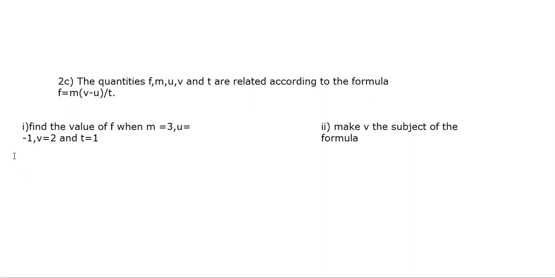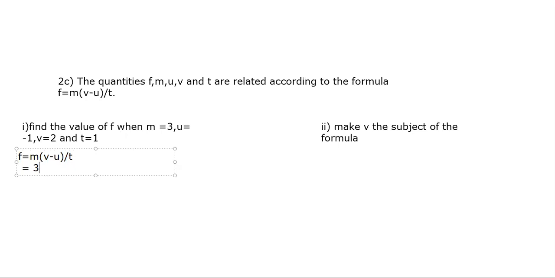So first thing, let us write the formula. F equals M open bracket V minus U close bracket, everything divided by T. Now, the first thing that we would do is substitute the values, meaning that we write what they mean. So M is what? 3. Good.